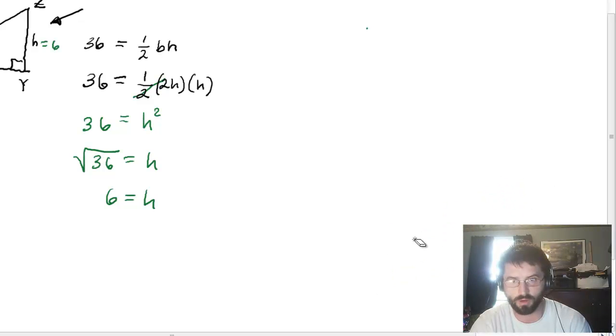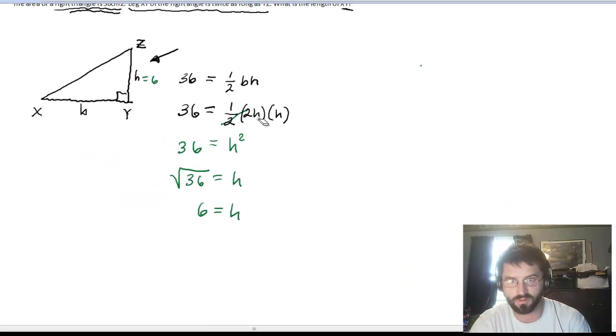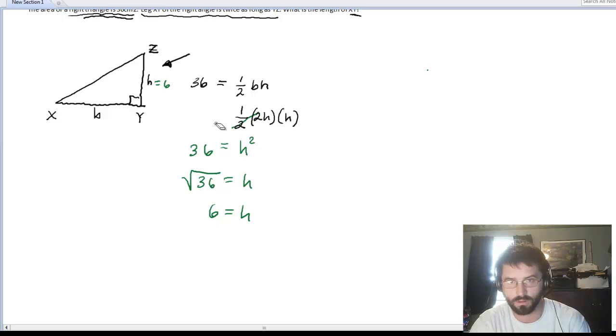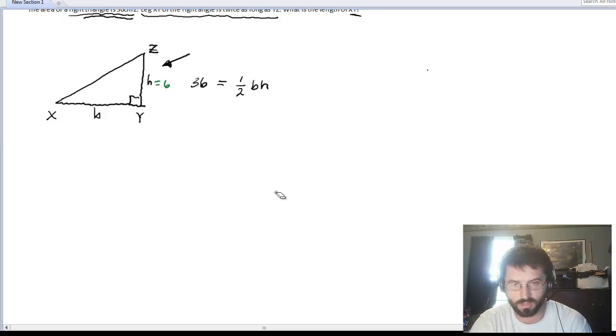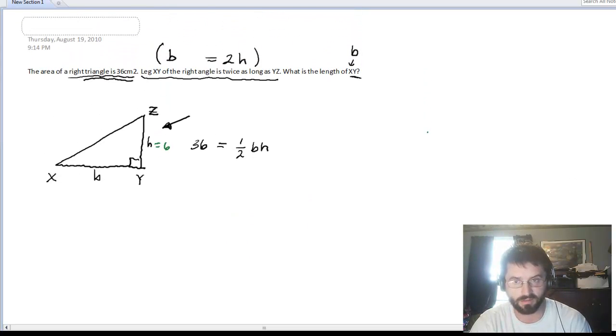In this problem, I chose to substitute for b and replace it with 2h because I saw up top that the base was twice the height.